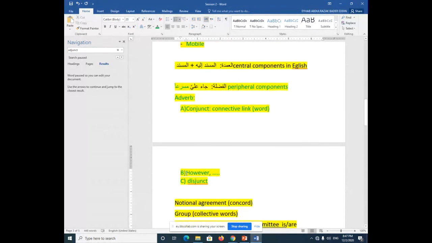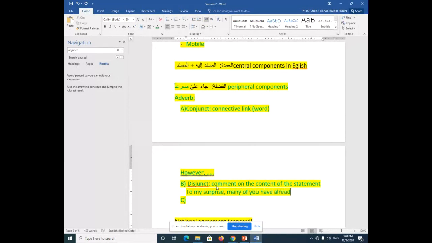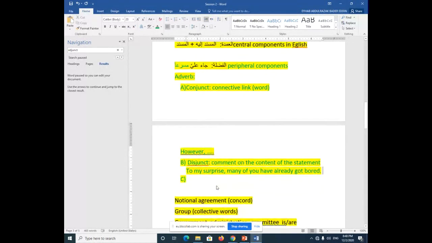Here, by disjunct, it is used as a comment on the content of the statement. Like for example, to my surprise, many of you have already got bored, and this is true, right?